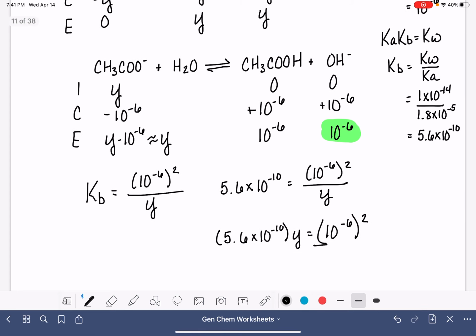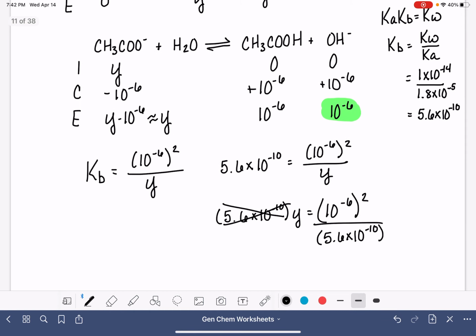And then we'll divide both sides by 5.6 times 10 to the negative 10 to isolate the Y. It's 10 to the negative 6 squared divided by 5.6 times 10 to the negative 10, which gives us a value for Y of 0.0018. I'm going to go with that, with 2 sig figs.